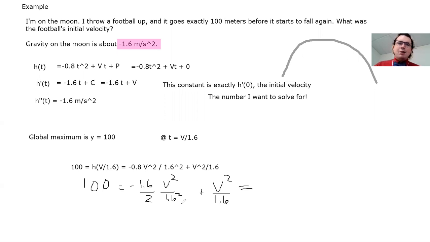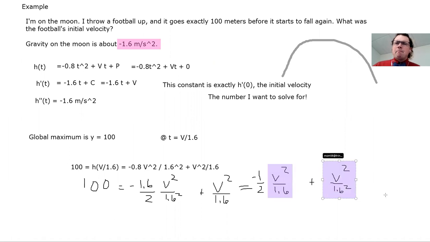Well, I can cancel on this fraction a little bit. I should be getting v squared divided by 1.6. And let's say this is all times negative 1/2. And then I need to add to this v squared divided by 1.6. I have a number I would like to solve for.